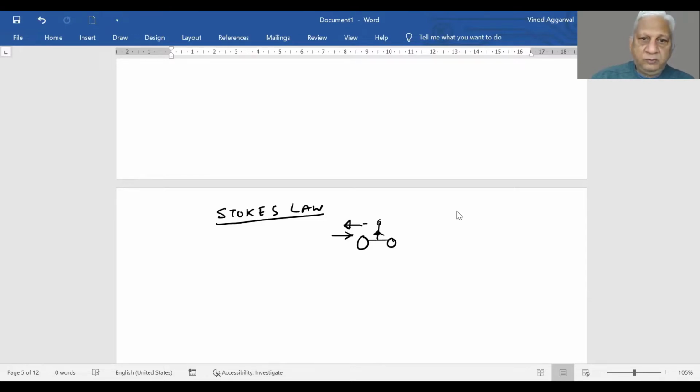While you are trying to move in one direction, there is something which is dragging you back. This drag force on a body is governed by Stokes' law.